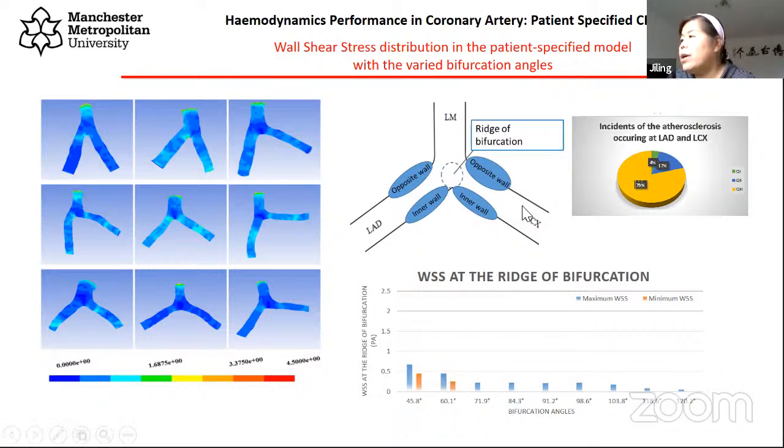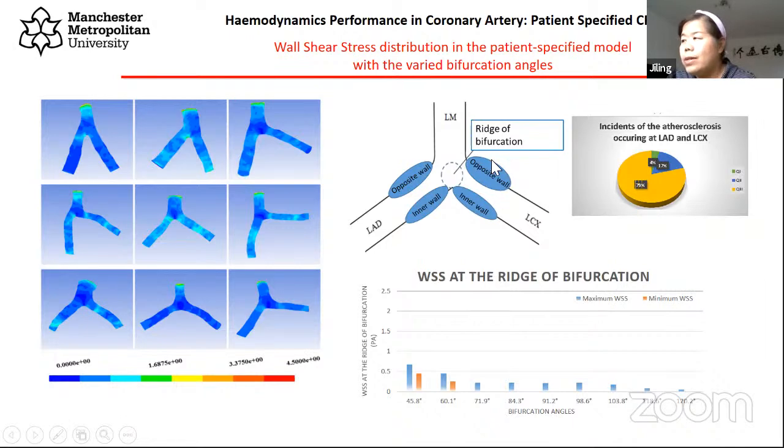And we also observe the wall shear stress distribution at this area and this area. We notice the WSS, wall shear stress, in the opposite wall is much lower than in the inner wall. From previous studies, lower wall shear stress is related to atherosclerosis formation.